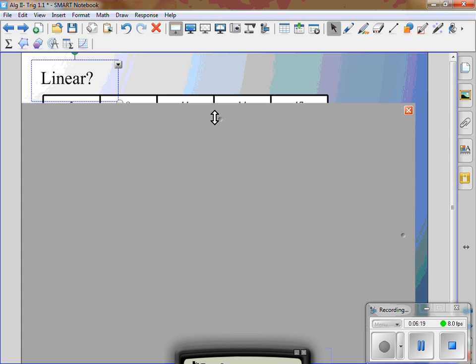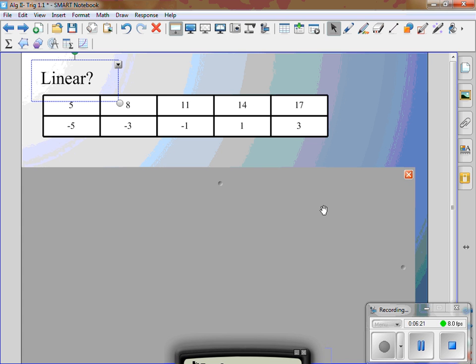We don't have to graph to figure out if something's linear. To tell if something is linear by a table, I look for a pattern. What am I stepping by up here? Up here I'm stepping by 3 for all of them.